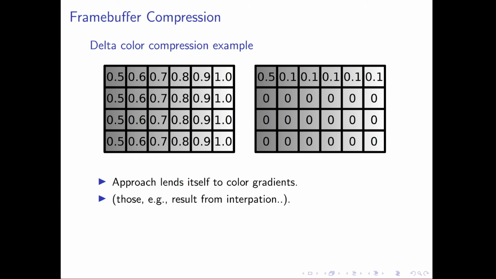And if you recall our discussion of how the scan conversion stage works, then you remember that there's a lot of interpolation going on there. On the scan conversion and also on the fragment stage, there's linear interpolation everywhere.